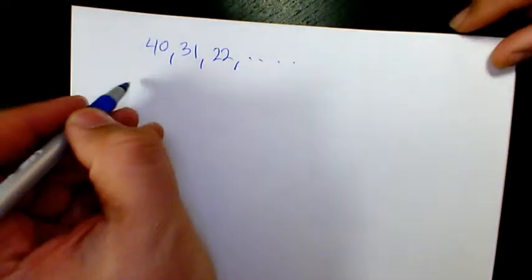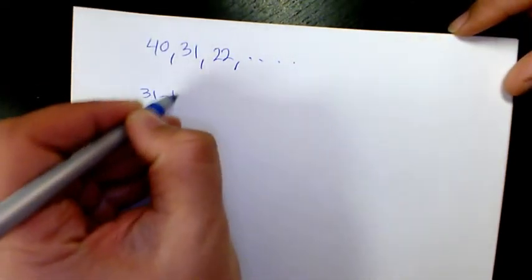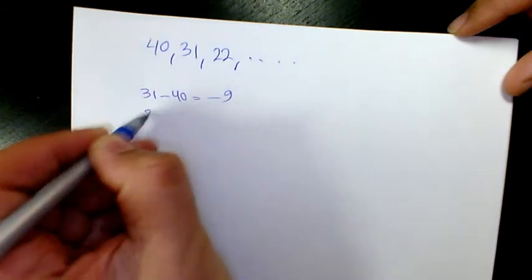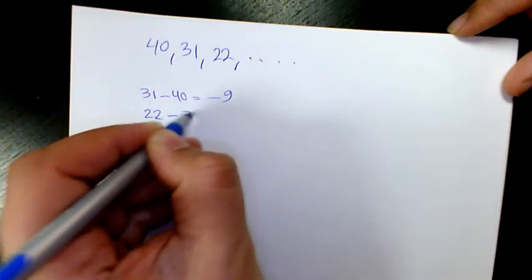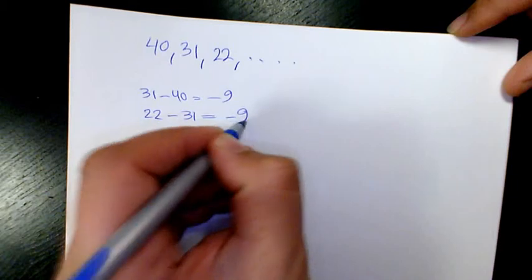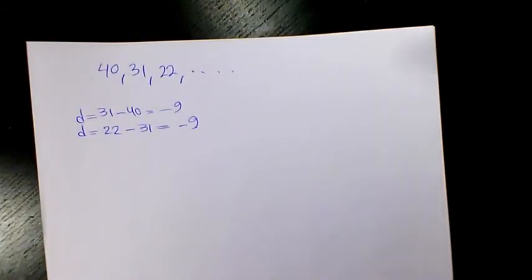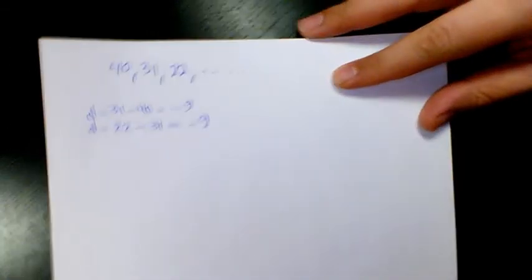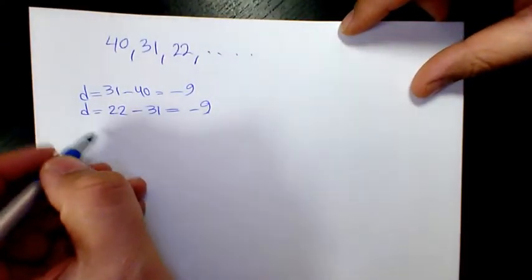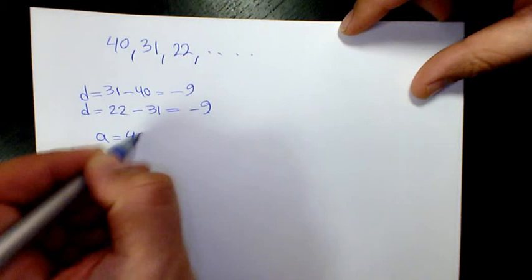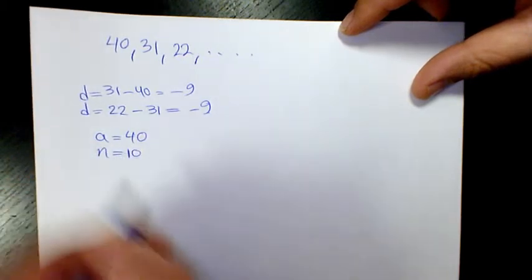So if you look at here, 31 minus 40 is negative 9. 22 minus 31 is going to be negative 9 as well. So D is negative 9. So the first term is 40. So A is 40, N is 10 again.